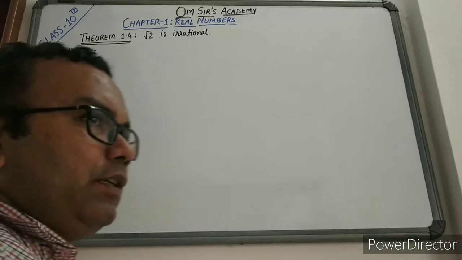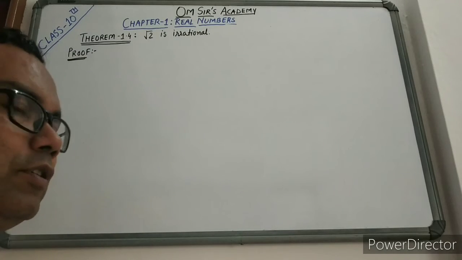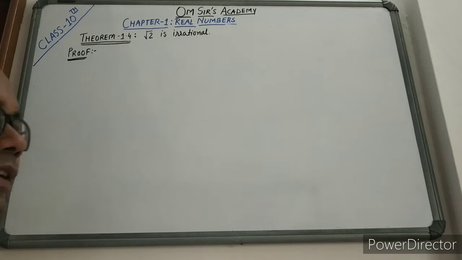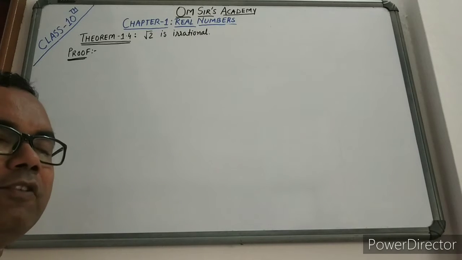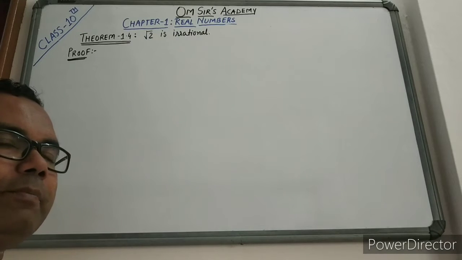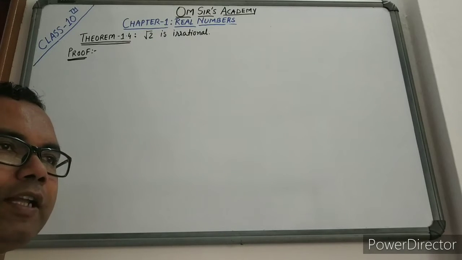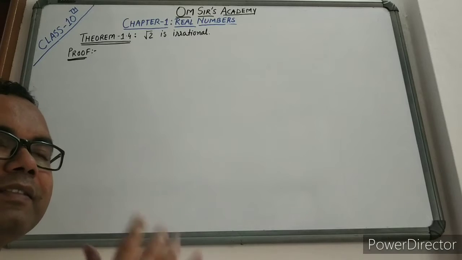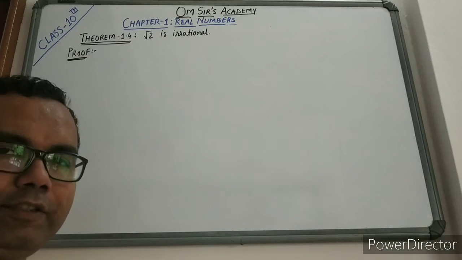This is a very clear case where we are going to take a hypothesis. For example, friends, if we have to prove that a man is a man, what hypothesis do we take? Let us assume that a man is a donkey.